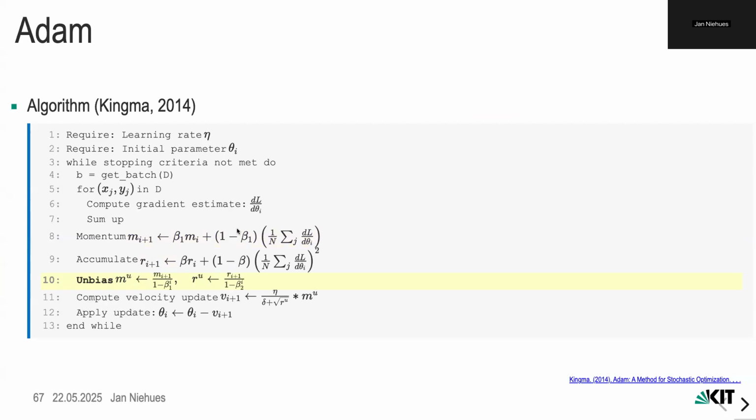And normally you initialize that with 0, which of course is not true, which mainly means at the beginning, you're not considering really your derivative, but you're taking only 1 minus beta 1 of the derivative. So you're lowering the derivative because you can't do an exponential decay of that because you have now past values that you consider. And that's why you undo that by normalizing with the power of i here, so how many iterations you have.